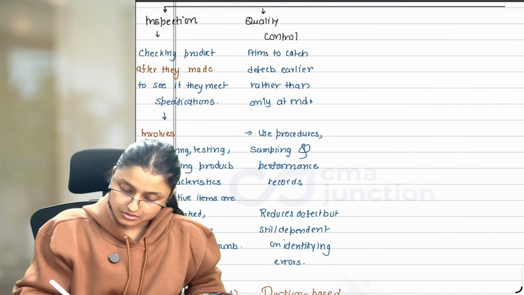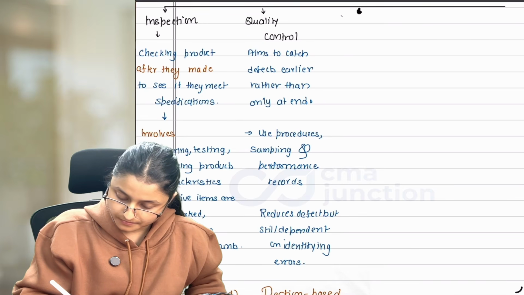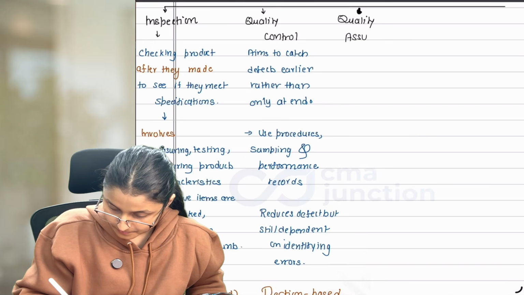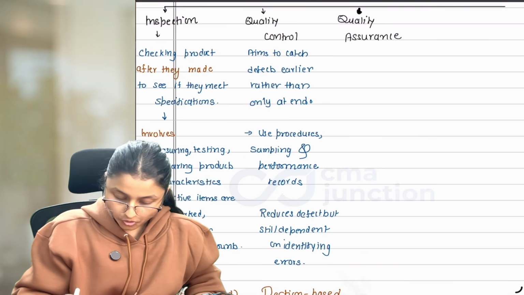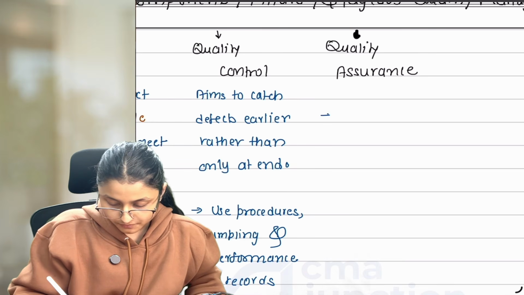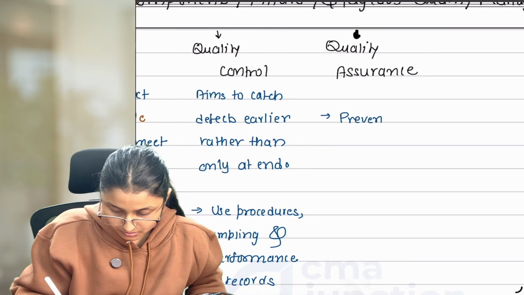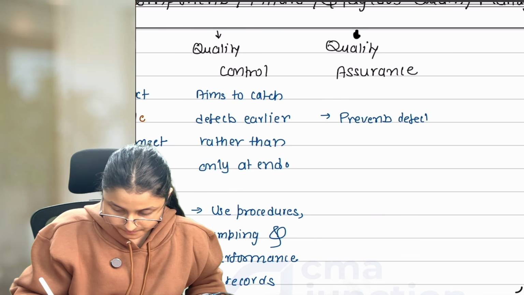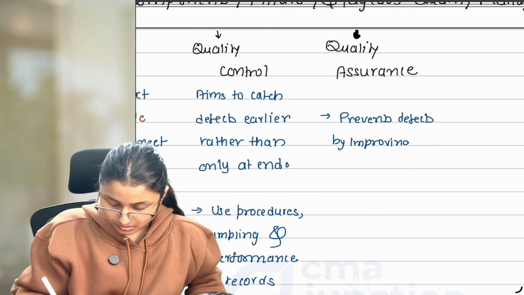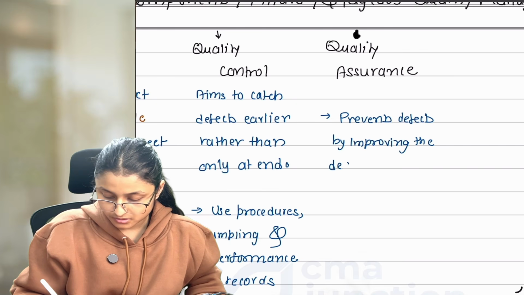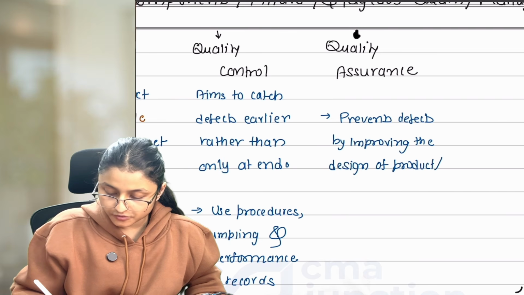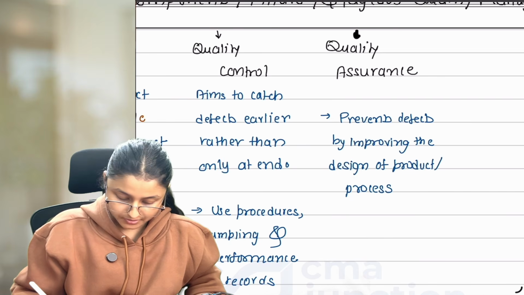Next is quality assurance. Quality assurance is the prevention based system which prevents defects by improving the design of product or process. So we are improving our design of product or process to prevent the defect itself.